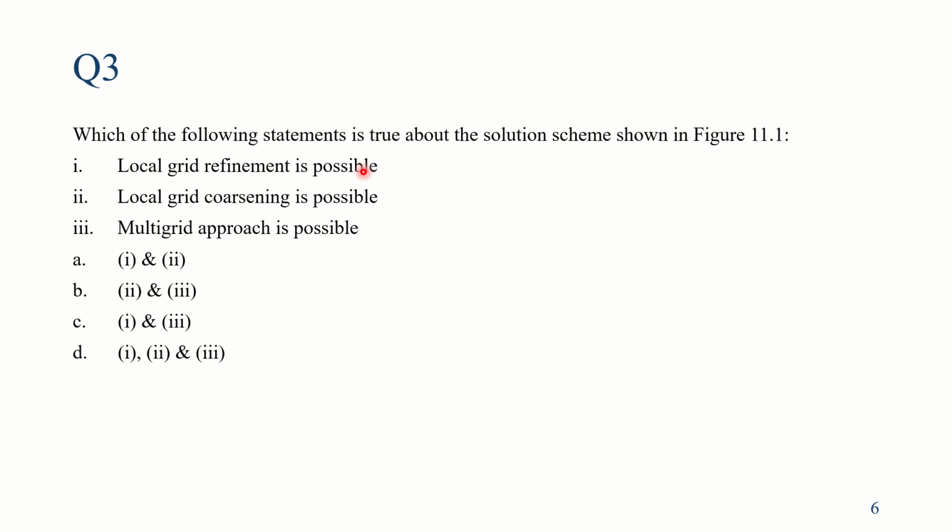And we have an unstructured mesh. Since we have an unstructured mesh, it is possible to locally refine the cells, that is grids, or locally coarsen the grids. So local grid refinement as well as local grid coarsening is possible, and then the multi-grid approach is possible.